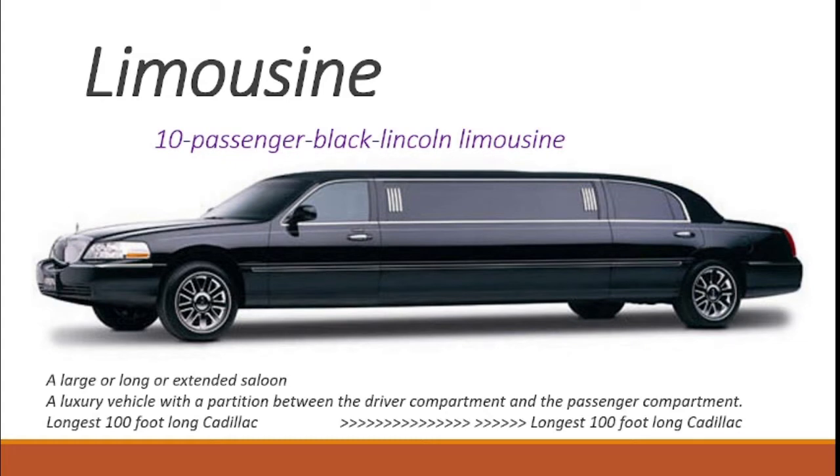And the major definition, of course, is that it's a luxury vehicle with a partition between the driver compartment and the passenger compartment. There is a partition between the two. The driver compartment here and the passenger compartment.